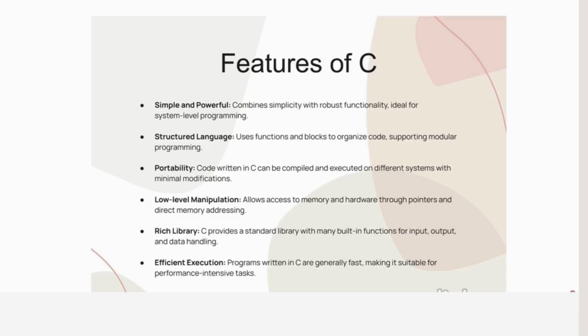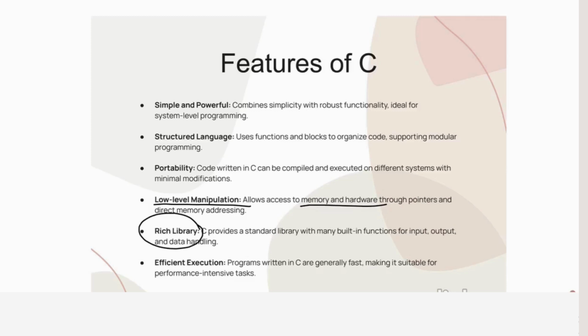C also supports low-level manipulation, where we as programmers get direct access to memory and hardware to work with and understand how memory is managed to handle data. C also provides a rich library, like built-in I/O functions, data management, file handling, and much more.